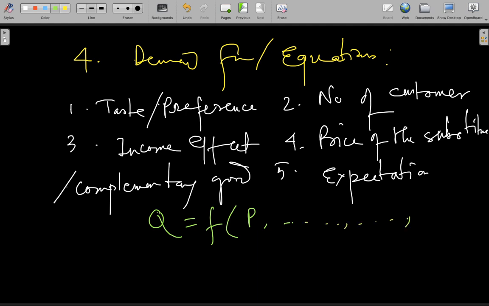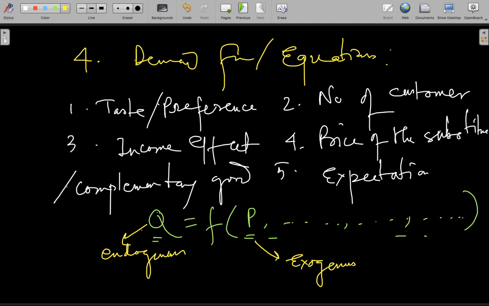If I have the value of price and the values of these different variables available, I can determine Q. So in this case, Q is endogenous, and P is exogenous. And all these other variables that are already given in the model are exogenous.